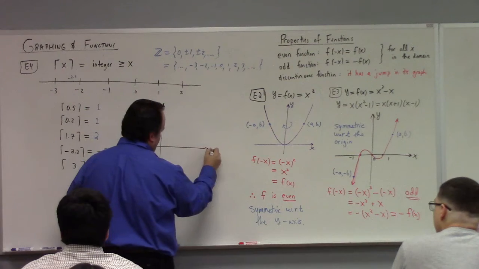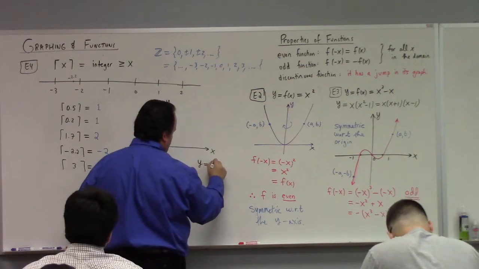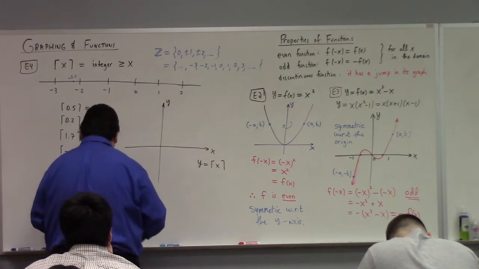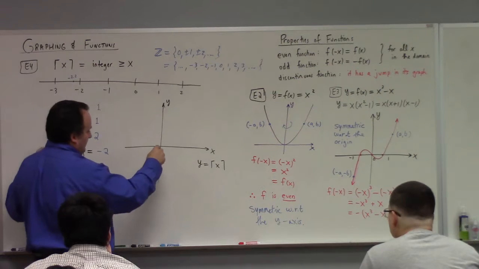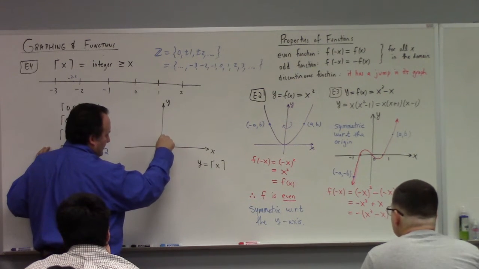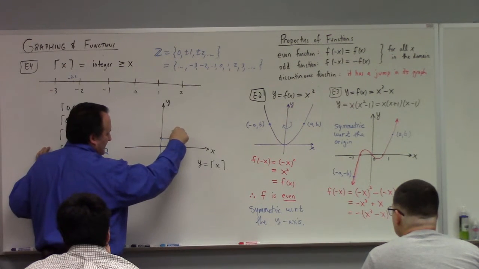Anyway, now that we understand what this thing is, let's look at its graph. What's its graph look like? So let's look at y equals the ceiling function of x. Let's see, 0 maps to 0, right? But then anything larger than 0 maps to 1. 1 maps to 1. Anything larger than 1, up till 2, maps to 2.